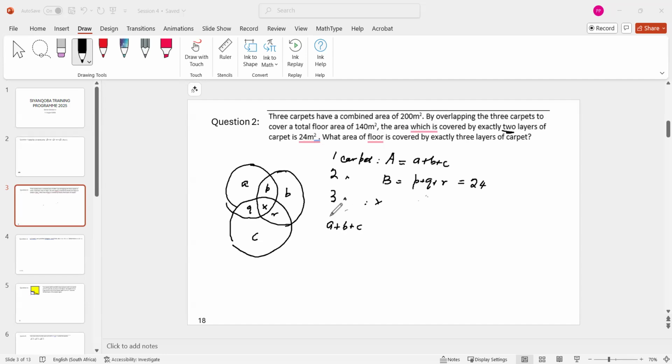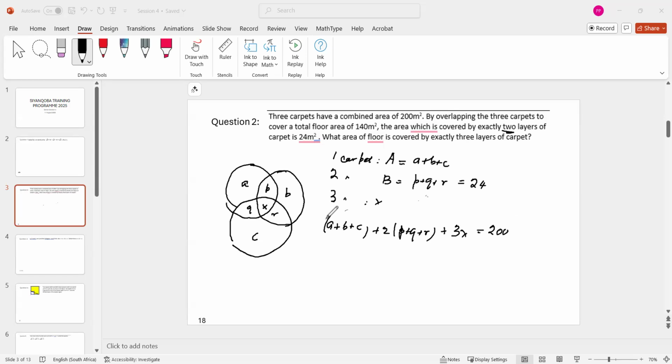If I open these carpets out, this is the area covered by one carpet, but here they're doubling up. P is twice, Q is twice, R is twice. So you get plus 2 into P plus Q plus R. Imagine that these carpets are separated, and then this is done 3 times, and that is 200.